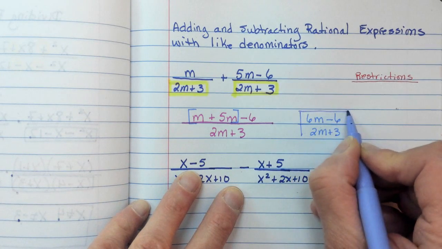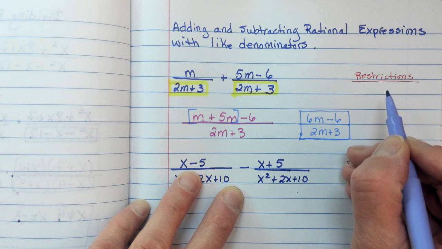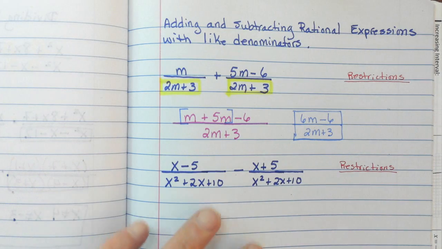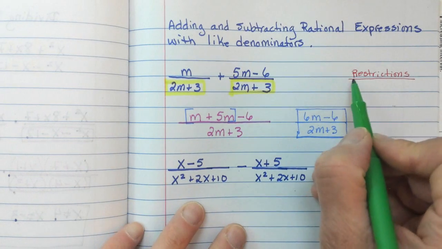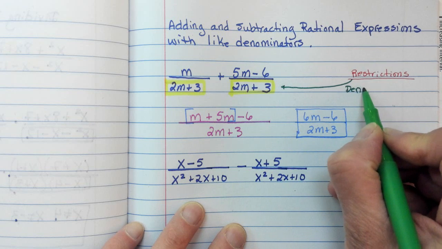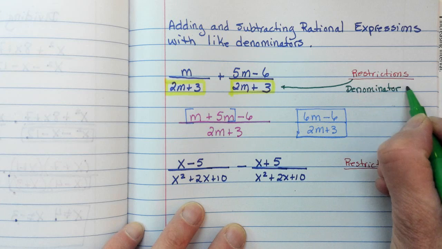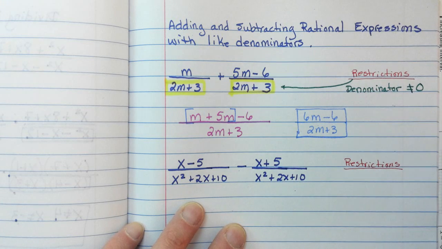So there is nothing more that we can simplify, nothing I can divide out of the top and the bottom. So that is my final answer. However, we have to look at restrictions. Remember, for restrictions, that simply means our denominator cannot be 0 because we cannot divide by a 0.